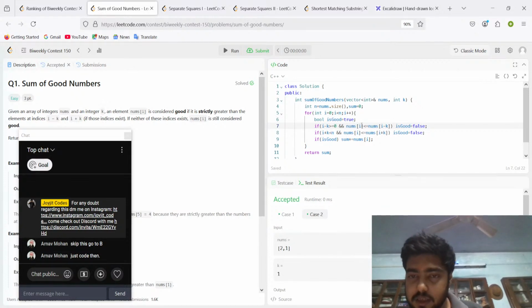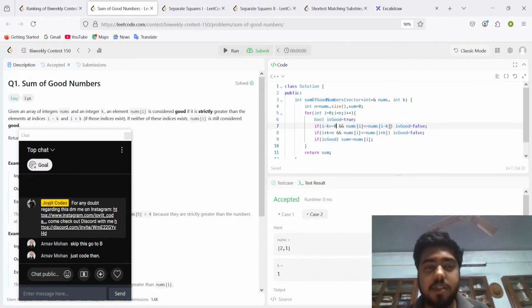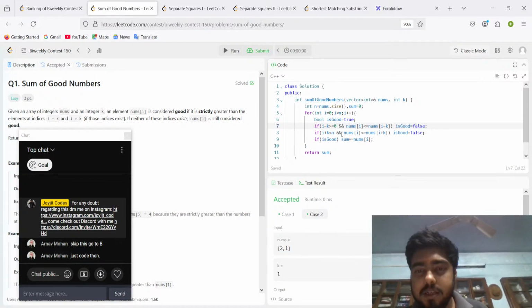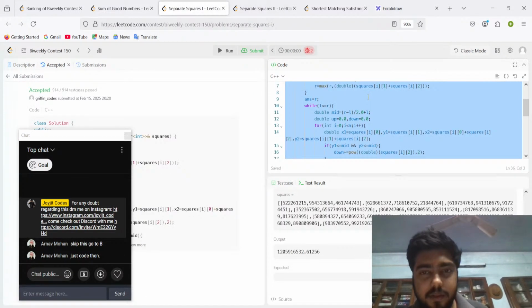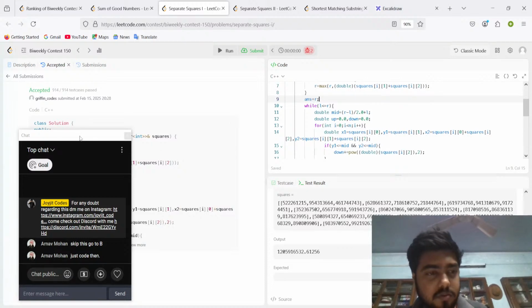If nums[i] is less than or equal to this, that means it is not strictly greater than that, so we can directly say that is_good is false. And if i plus k is in range and this is occurring, that means it is also false. Only if it is true do I add it to the sum, and then I can return the sum and you get the answer. Okay, clear?